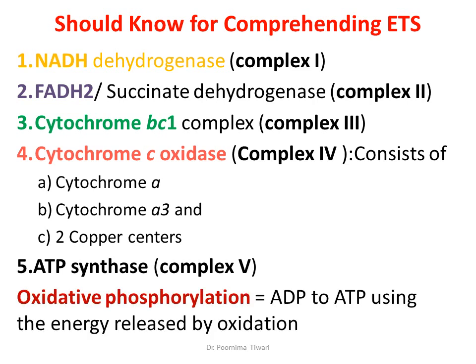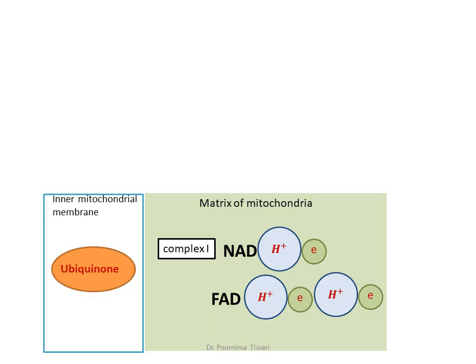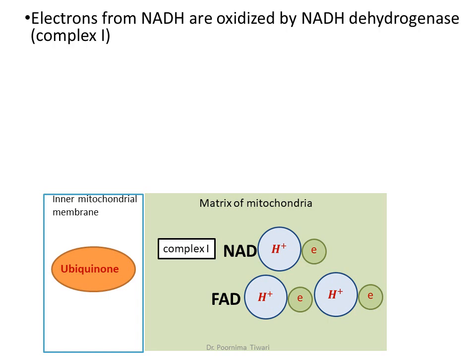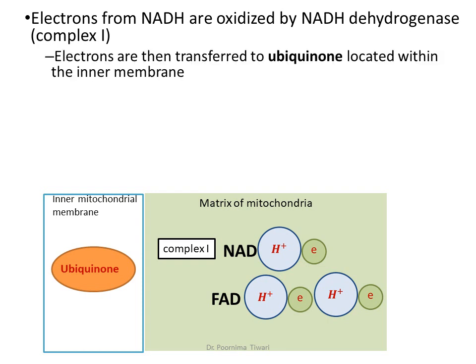What is oxidative phosphorylation? It is ADP being synthesized to ATP using the energy released by oxidation, which is removal of electrons. So the first step: electrons from NADH are oxidized by complex 1, that is NADH dehydrogenase. That is, it accepts the H atom from NAD via complex 1 to ubiquinone, and then ubiquinone also accepts the H atom from FADH2.